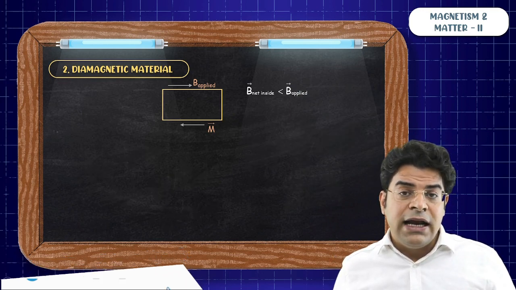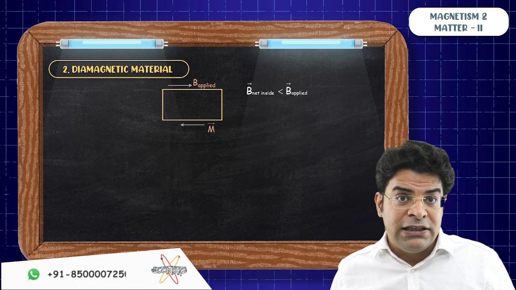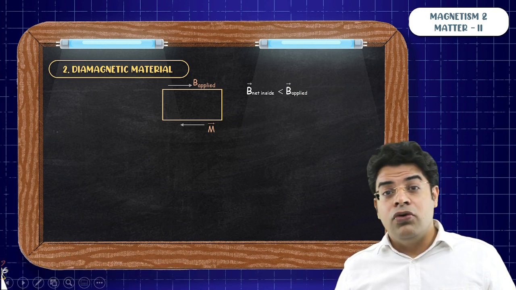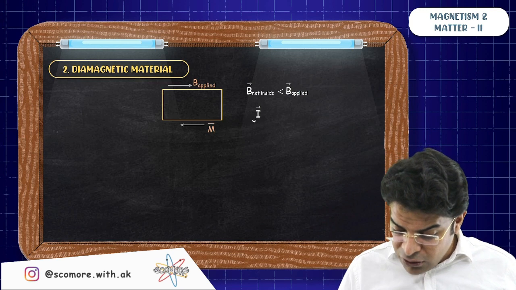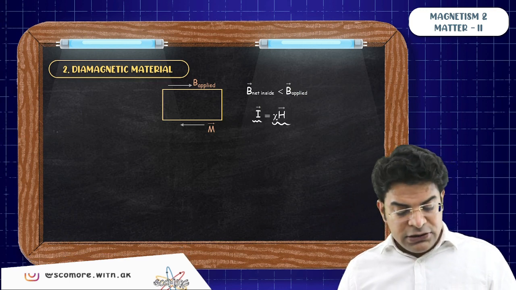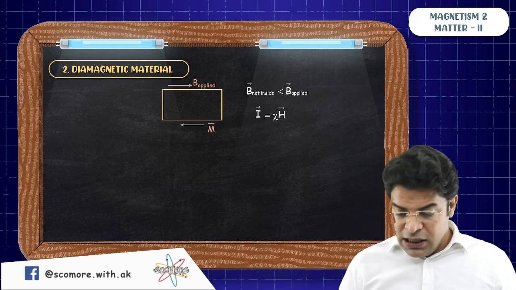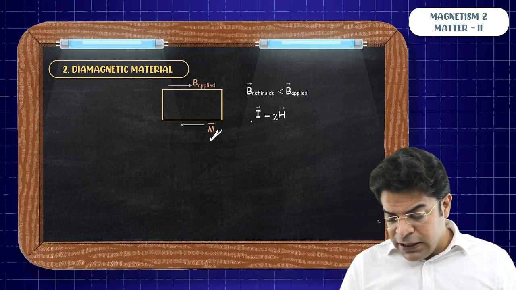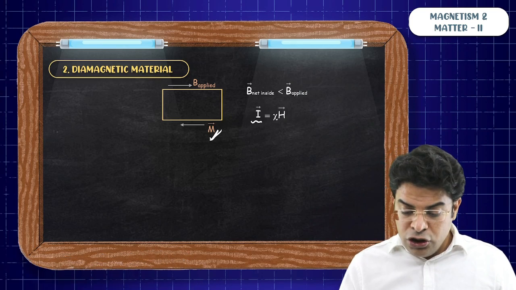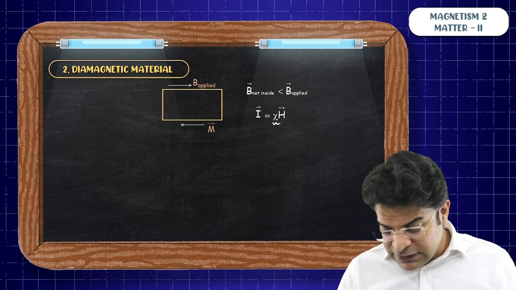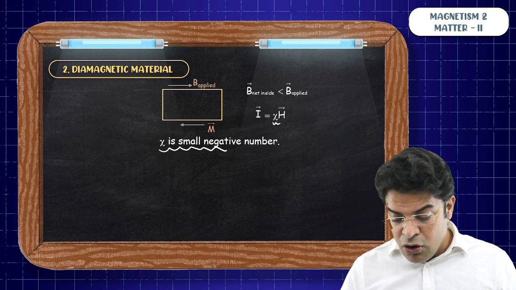So do understand, for a diamagnetic substance, the susceptibility is negative and mu r comes out to be less than 1. We know that I equals psi H, yes sir. In case of a diamagnetic substance, the intensity of magnetization is opposite to the direction of magnetizing field intensity. Hence, the susceptibility is a small negative number.